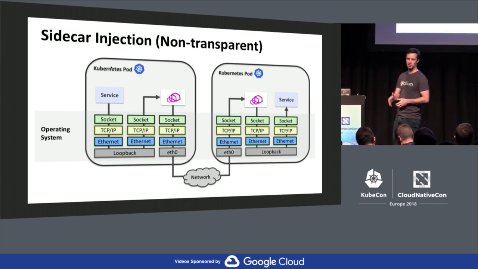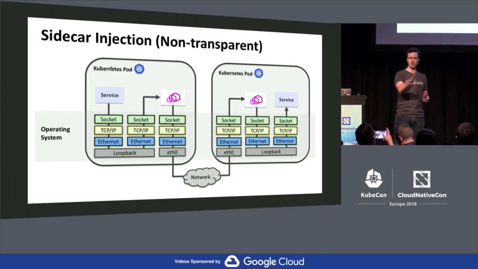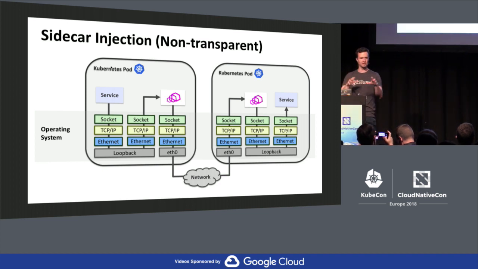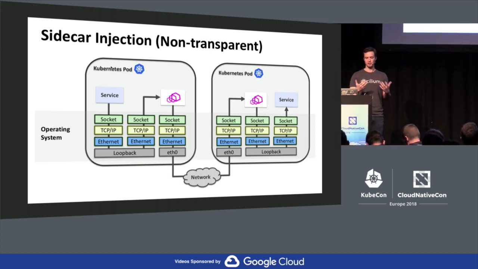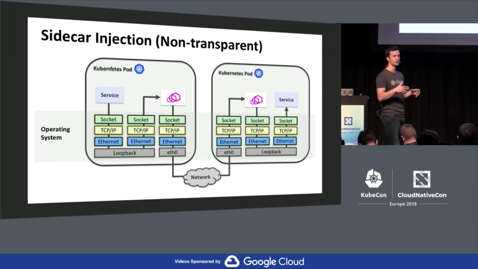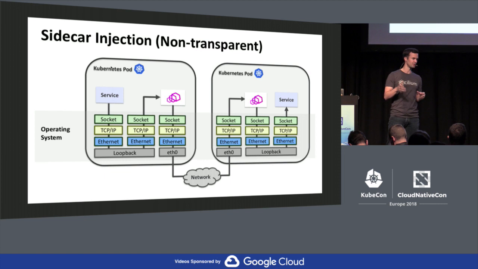You're telling the application, instead of talking anywhere, talk to 127.0.0.1:4000, talk directly to the sidecar. This is this model. Even in this model, we're already going through the TCP stack 6 times. We're going through the Ethernet stack 6 times. We're going through 4 different devices. All of this adds a lot of latency. It's literally running through millions of lines of C code inside of the Linux kernel.